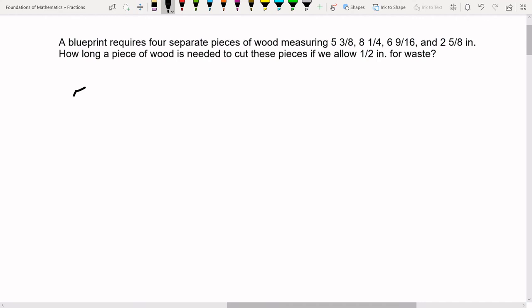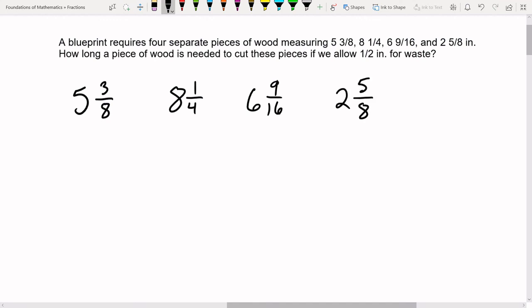So we're going to have 5 3/8, 8 1/4, 6 9/16, and 2 5/8. And we're allowing for 1/2 inch of waste as well, because when you cut the pieces, some of it comes off as sawdust, so you need to allow for waste.